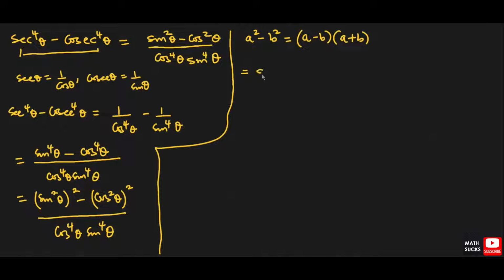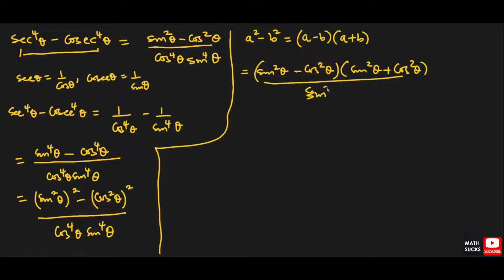That's going to be sine squared of theta minus cos squared of theta, times sine squared of theta plus cos squared of theta, and the whole thing is over sine^4 theta and cos^4 theta.